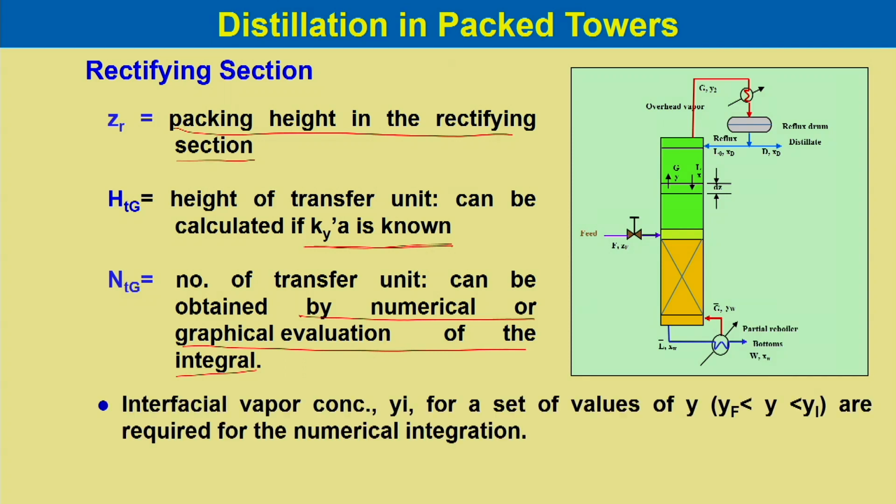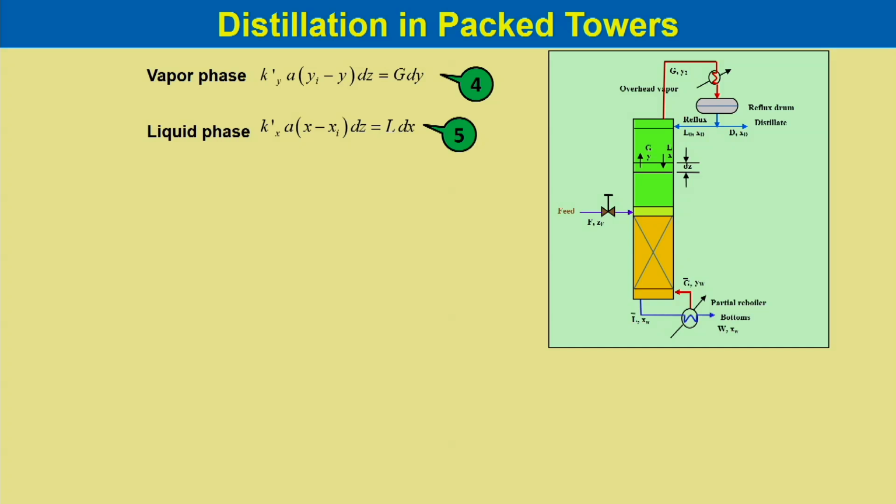Interfacial vapor composition, that is yi, as we have done before in the case of absorption, for a set of values of y, yf less than y less than y1, is required for the numerical integration. Now, for the vapor phase, equation 4 as we have obtained: Ky dash A yi minus y into dz is equal to G into dy.